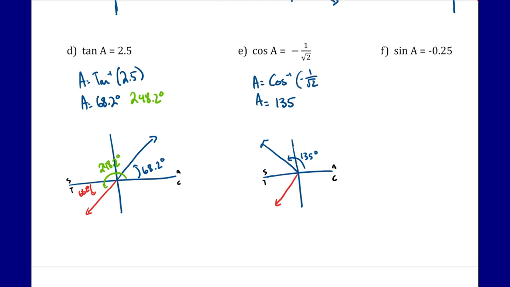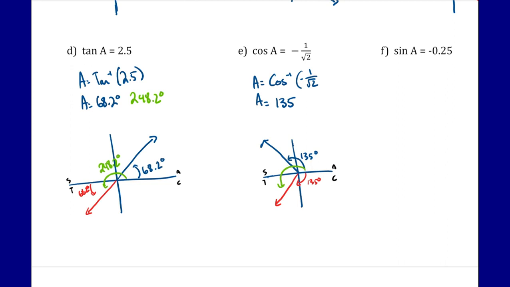To figure out that angle, I can use a reference angle. I could use this angle here and work through it, doing 180 minus and so on. Or what I could do is work backwards and say it's like a mirror image. So 135 in this direction, and then this whole thing is my other angle.